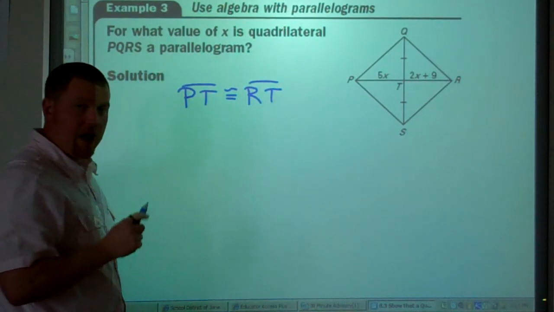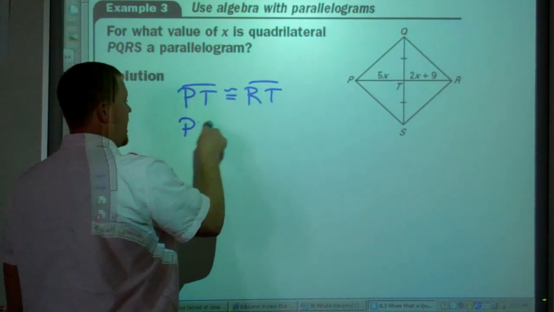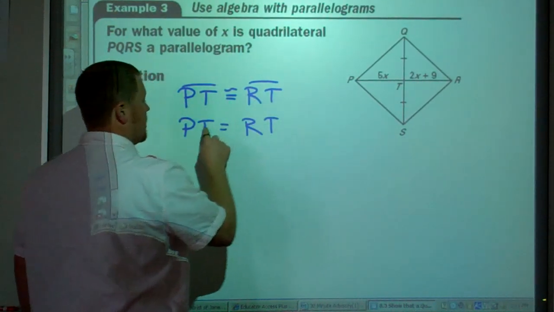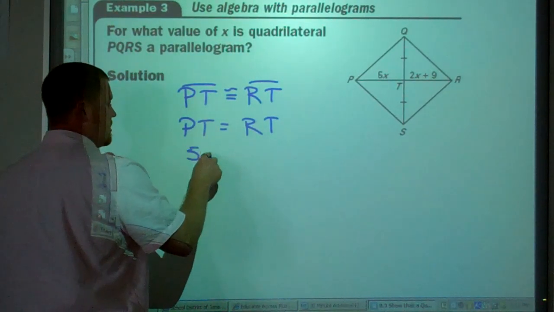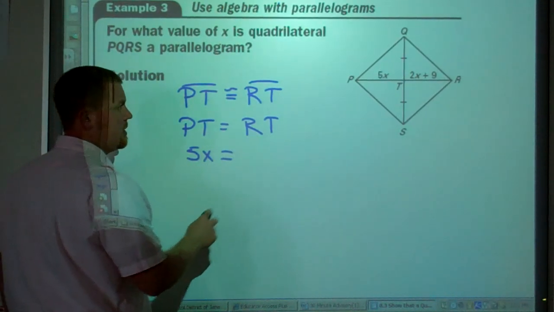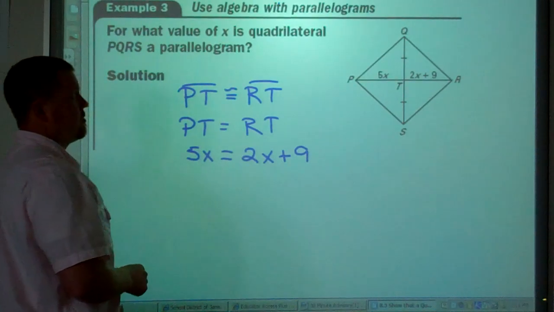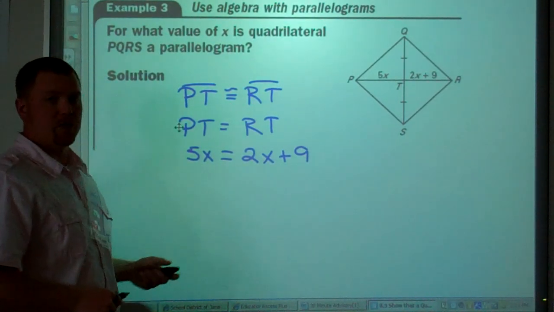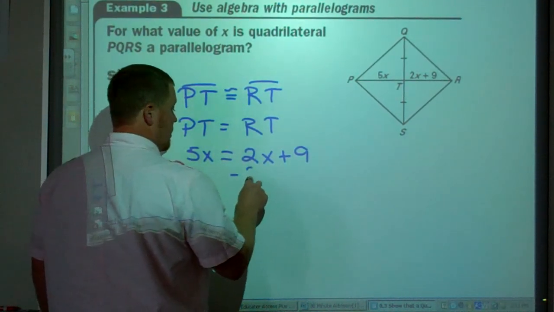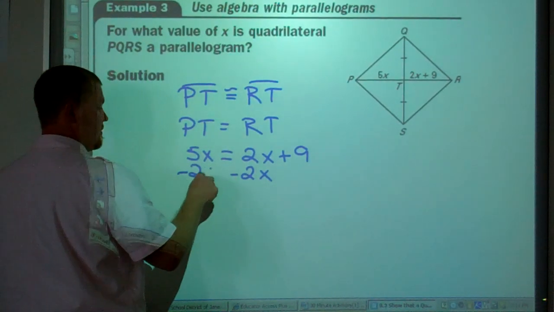If the segments have to be congruent, that means their lengths have to be equal. The length of PT is 5x, and the length of RT is 2x plus 9. So we've taken a geometric concept to set up an algebraic equation yet again. We subtract 2x from both sides.